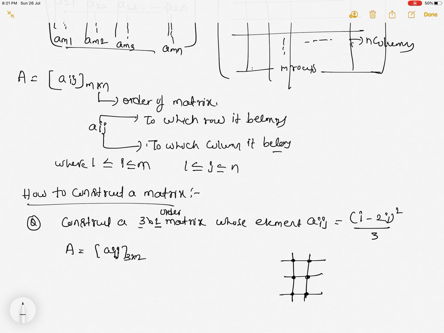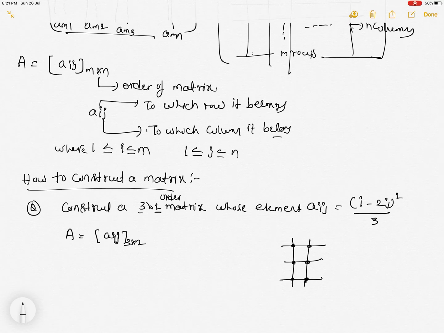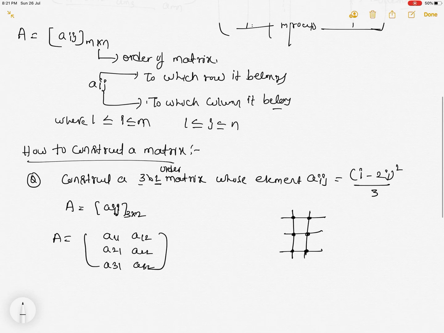So how can I find it? A is made of the first row first column element, first row second column element, second row first column, second row second column, third row first column, third row second column. So find out everything.